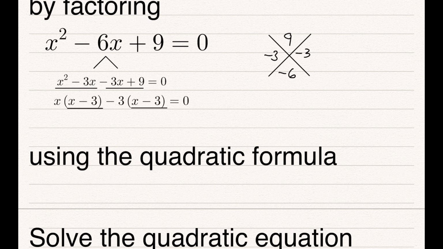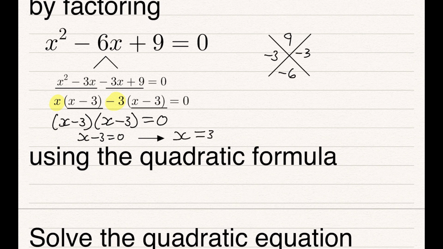So that's going to get pulled out front, and then we see what's left. Here we'd be left with x, and here we'd be left with minus 3. And we find that this one has the same value there. x minus 3 is both. So x minus 3 must be equal to 0, or x minus 3 must be equal to 0, which when you solve it by adding 3 to both sides, gives you the solution x must equal 3.